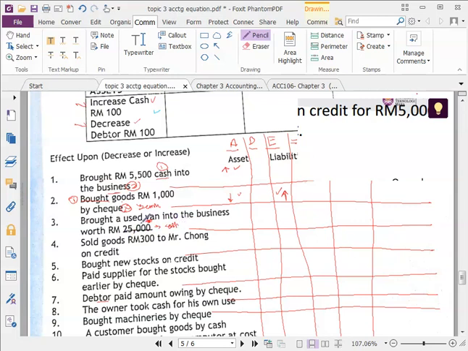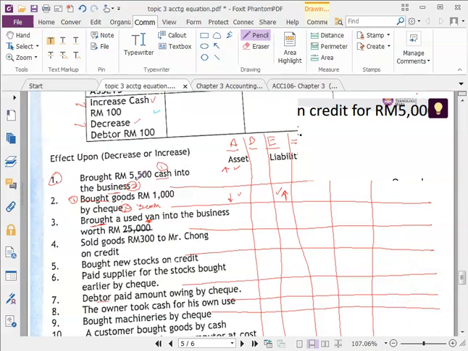So the business purchased the used van for the no, this is not cash, but actually the owner brought into the business, not purchase. Okay, brought into a business means that what? Worth 25,000 ringgit. Okay, same goes in for the first one.